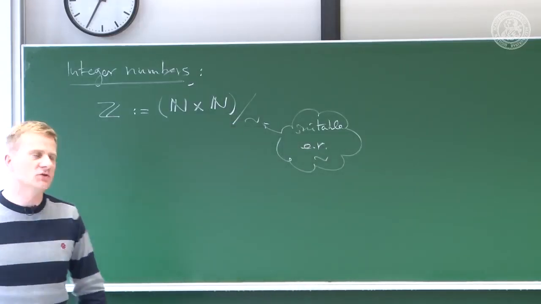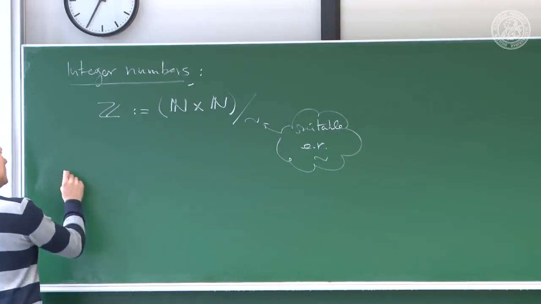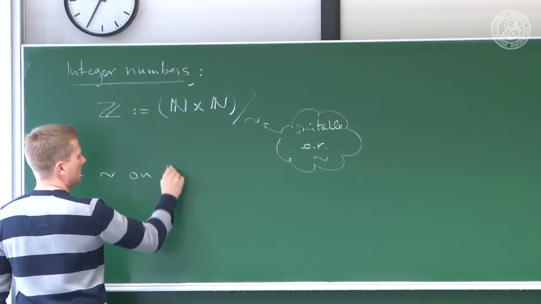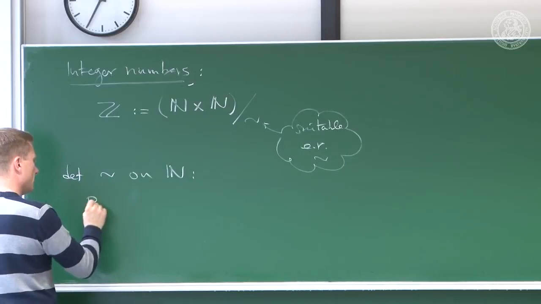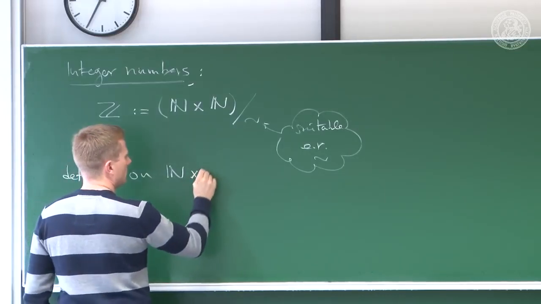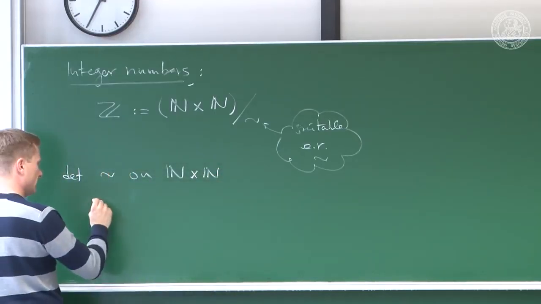Now, what is the suitable equivalence relation? So define twiddle on the pairs of natural numbers as follows.